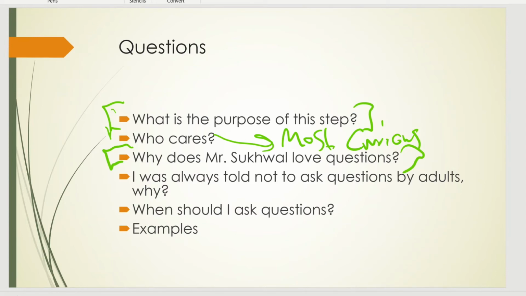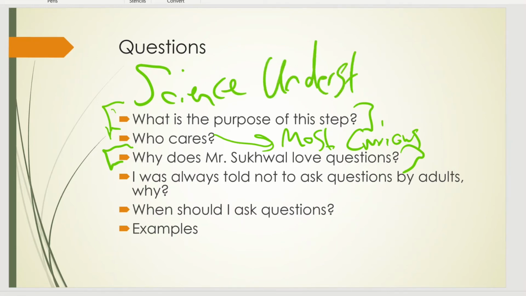That's why I love them so much. That's why I never want you to feel like you can't ask a question in my class. All right. So, once again, science is about understanding, and you can't understand unless you question. It isn't just made for you. And you were told not to ask questions by certain adults because sometimes adults either don't have the time or they don't have the answers.